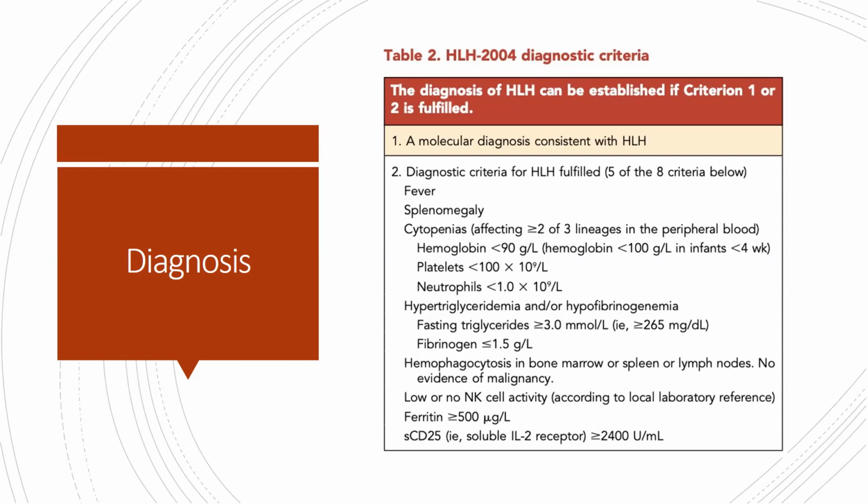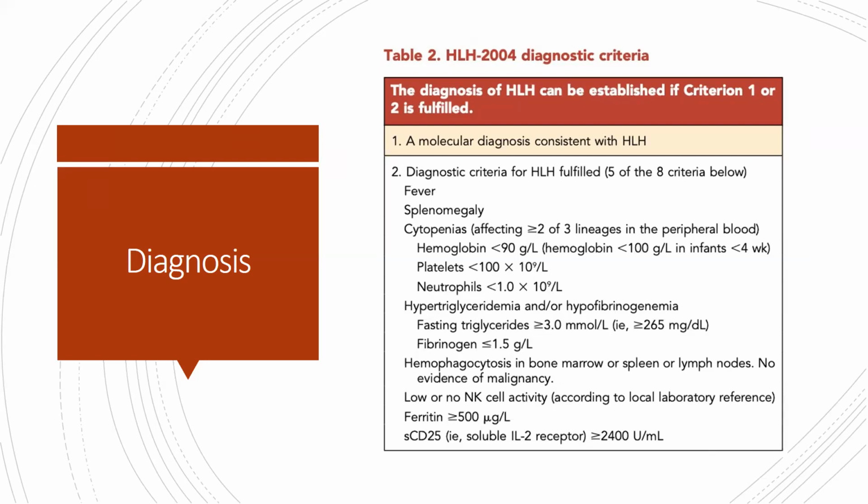So doctors tend to use that to diagnose HLH because it's easier than the H-score, which you need to count, and more than 169 is diagnostic. But preferably we use the H-score. Okay, thank you, Dr. Lim. So I don't think we have the CD25 or the NK activity.